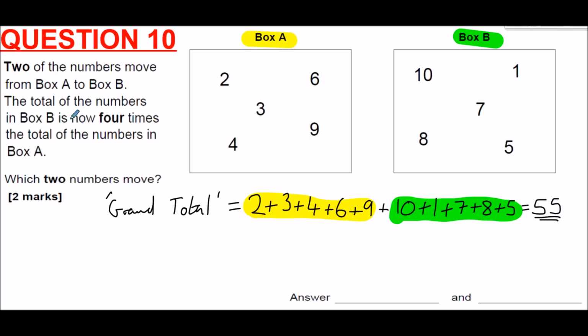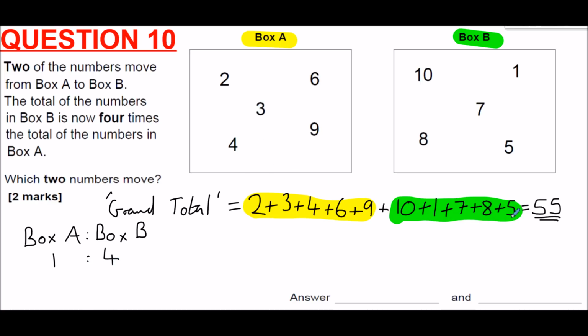We're told in the question, by the way, that after the two numbers have moved, the total in box B becomes 4 times the total of the numbers in box A. And so as a ratio, we can think of this as the total in box A compared to the total in box B becomes 1 to 4.